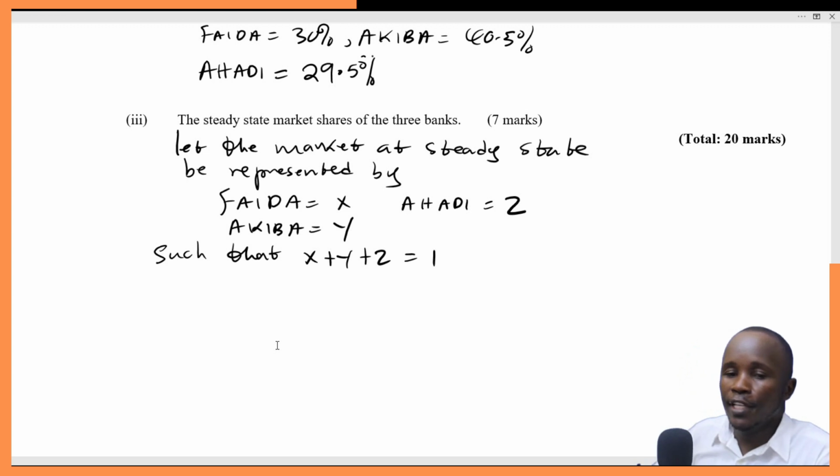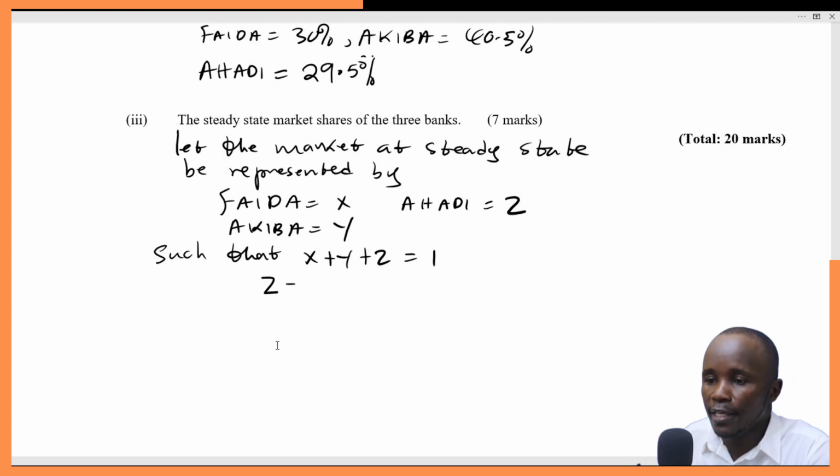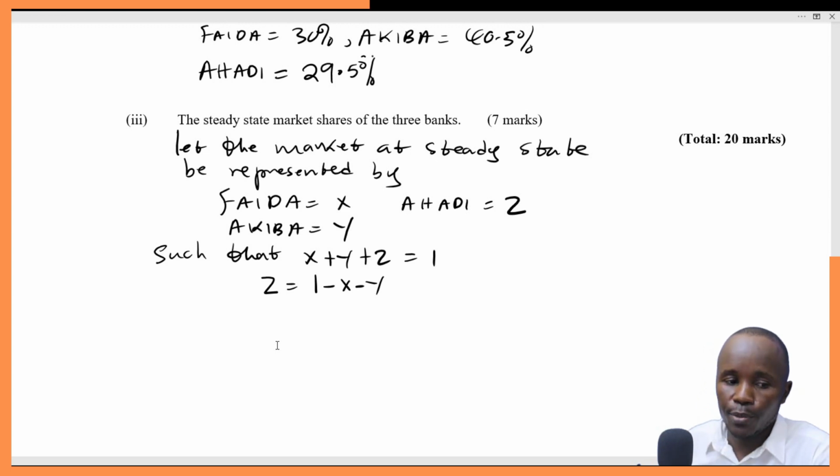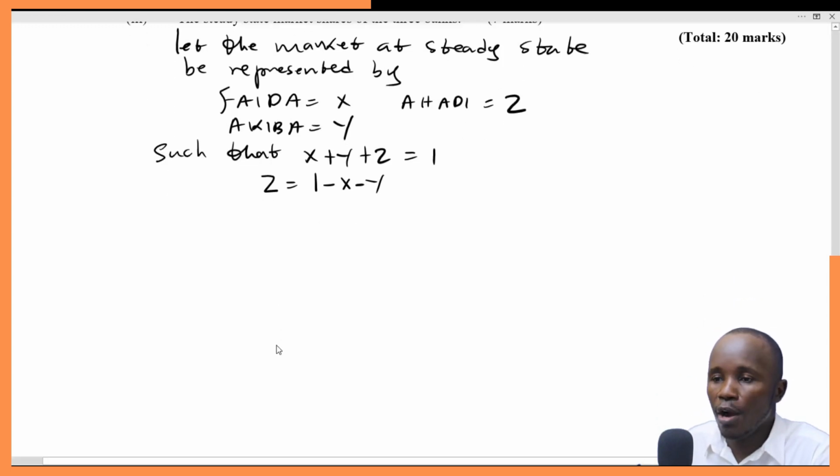Now, for convenience, I want to work with only two terms, so make Z the subject of the formula. Z will be 1 minus X minus Y. What are we saying here?